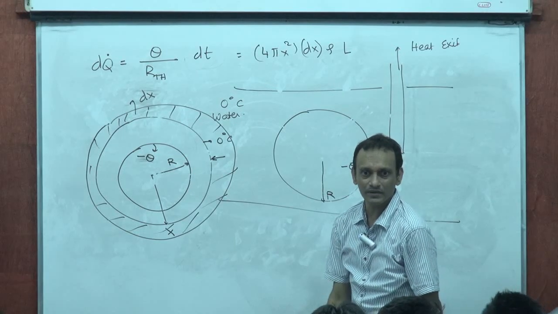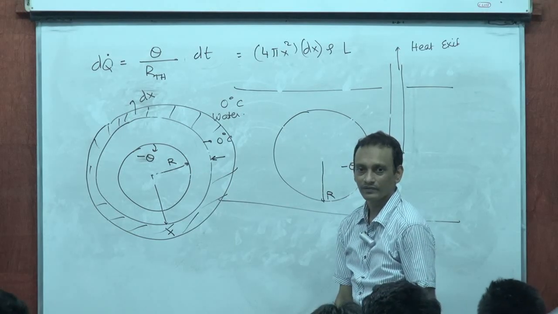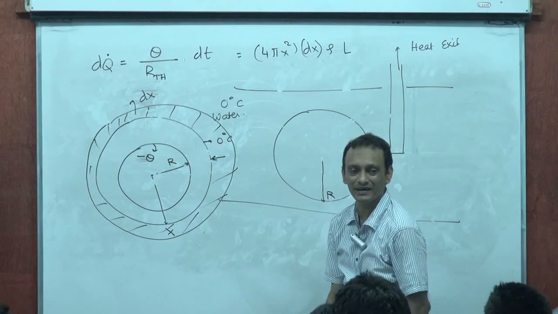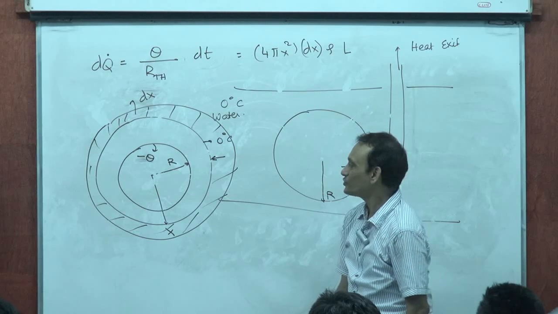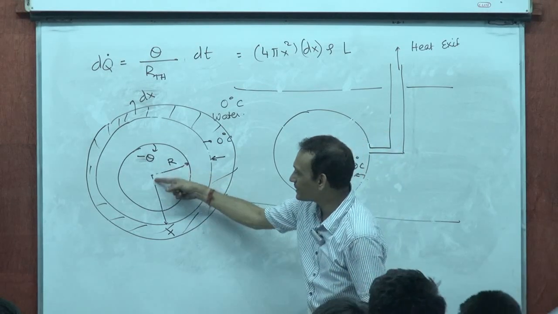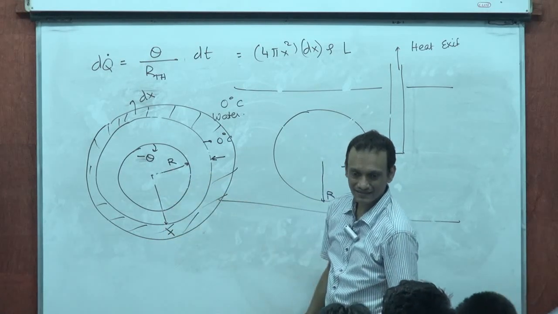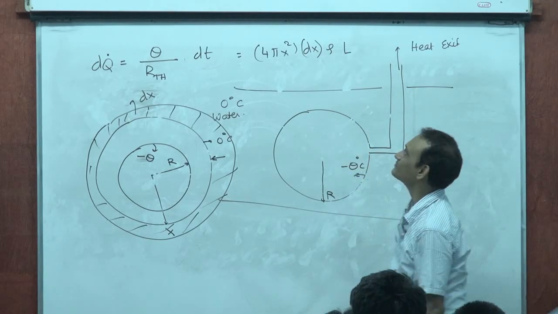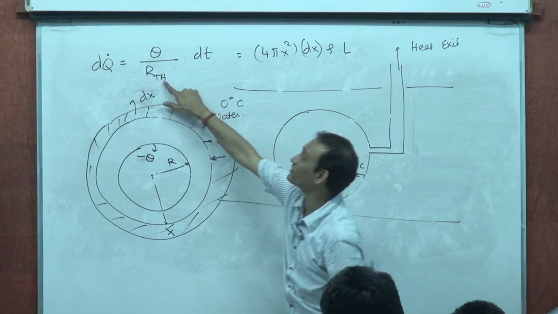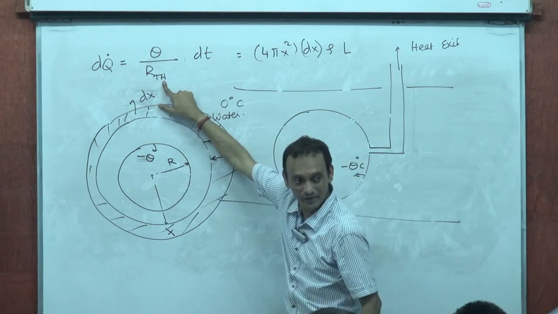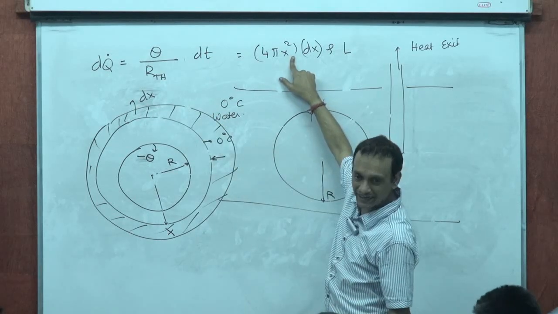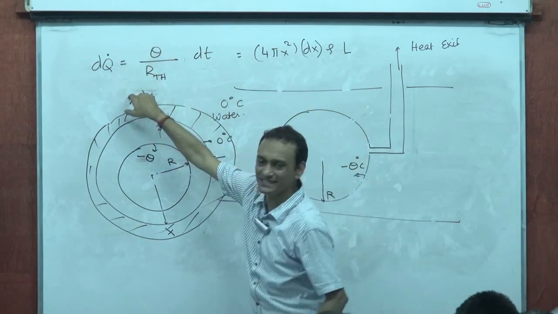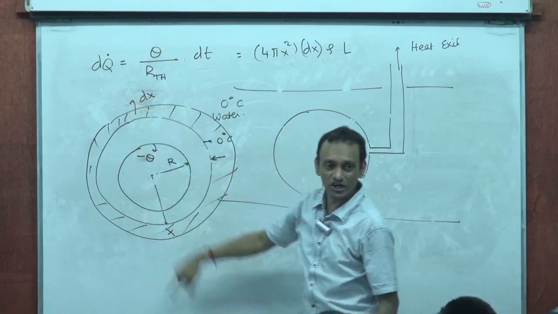That was the cylinder; for the sphere, you will have 1 by A minus 1 by B. So you will have 1 by R minus 1 by x. Plug in that. This R thermal will be a function of x, which you can bring in here and integrate this. Yes or no?